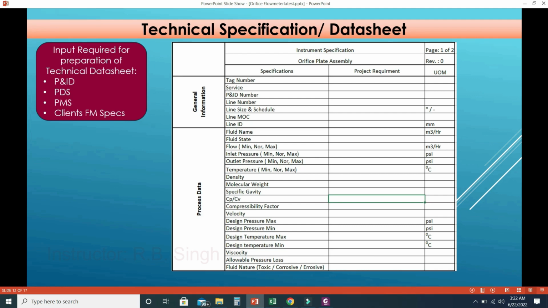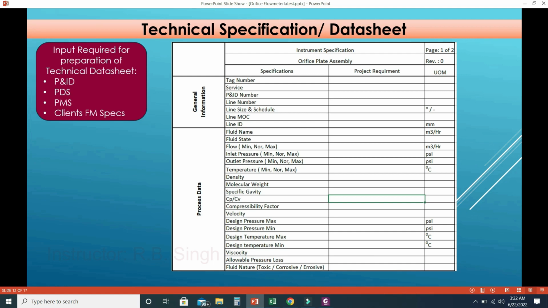So the PMS will also be required whenever you prepare these technical data sheets. Then client flow meter specifications. If the client has any specific recommendations or requirements, then we have to refer to the client specifications as well. So by reviewing these 3-4 documents, we will start preparation of the technical data sheet.